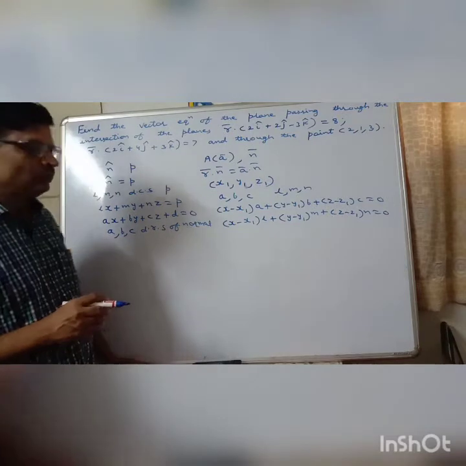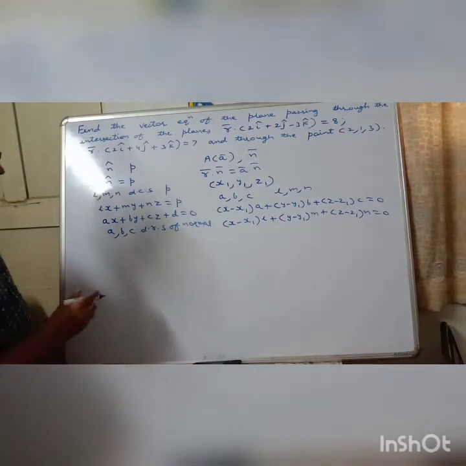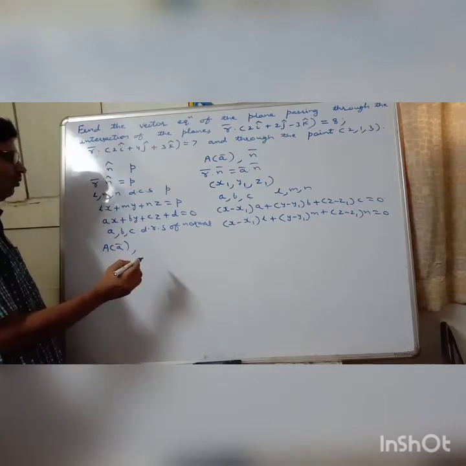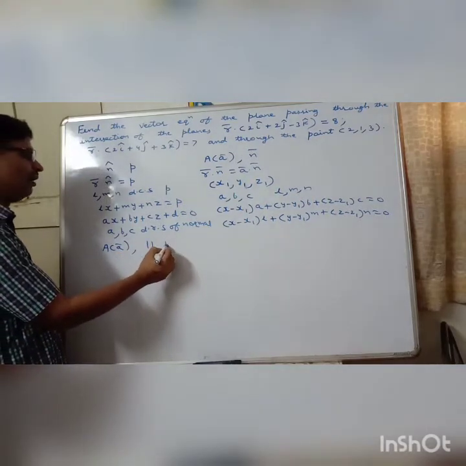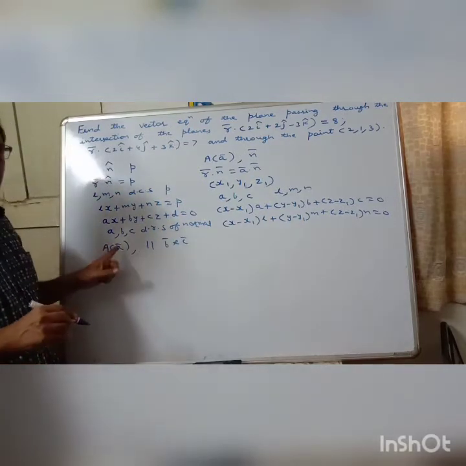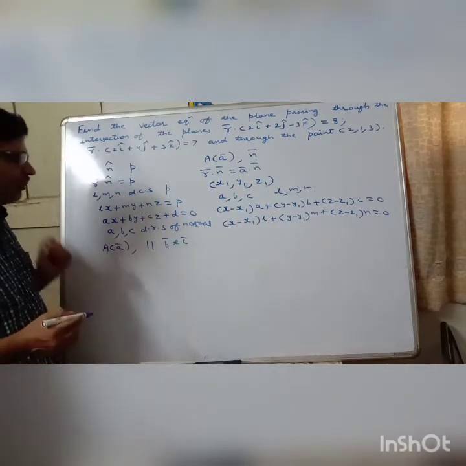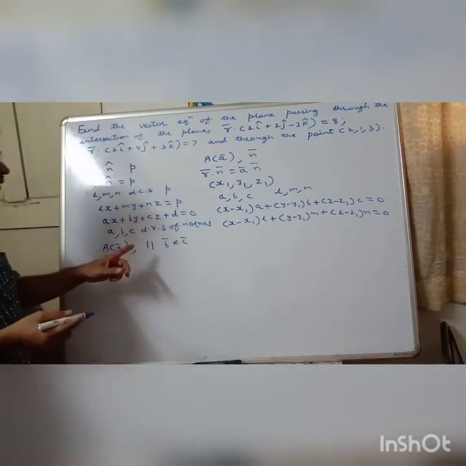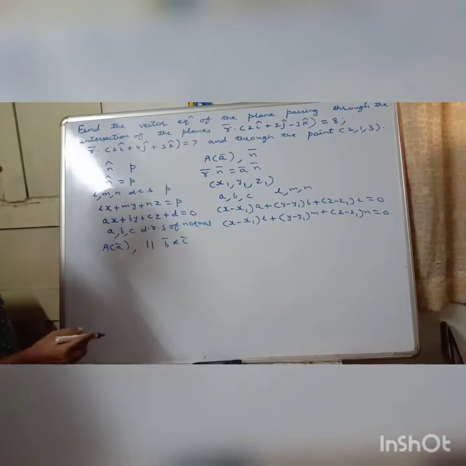If we know position vector of one point in the plane and vectors parallel to the plane. Suppose position vector of point A in the plane is A bar, B bar and C bar, these are the vectors which are parallel to the plane.